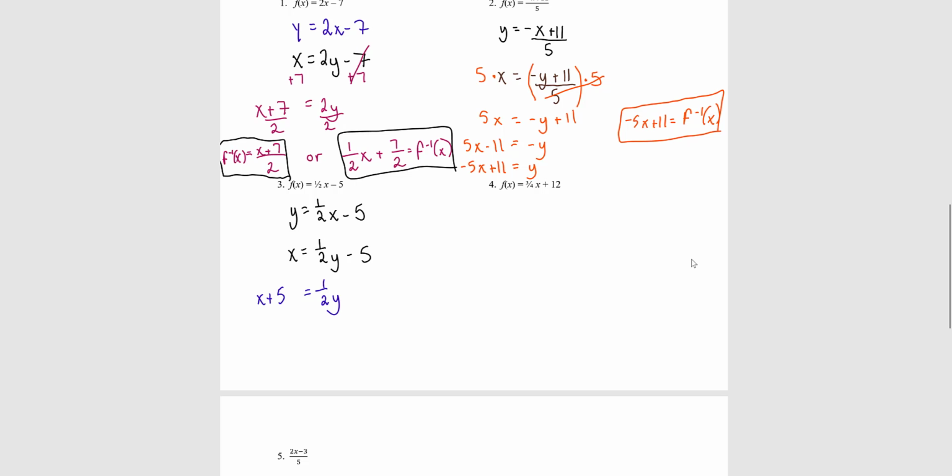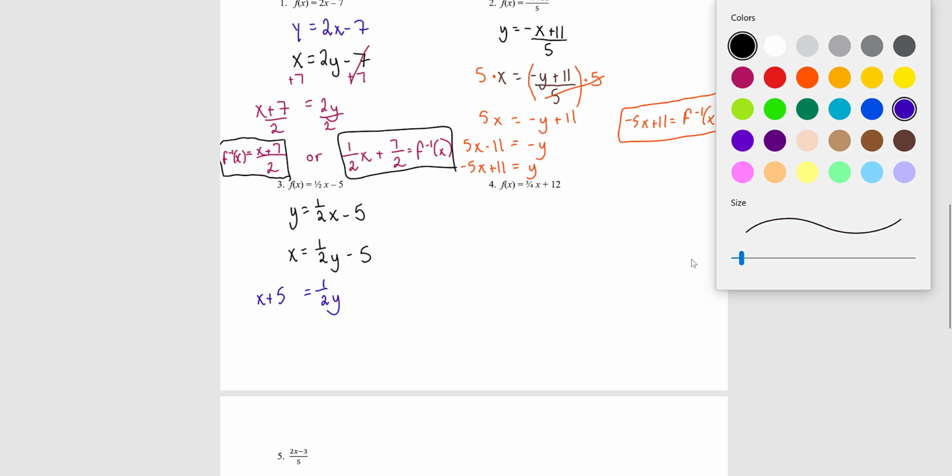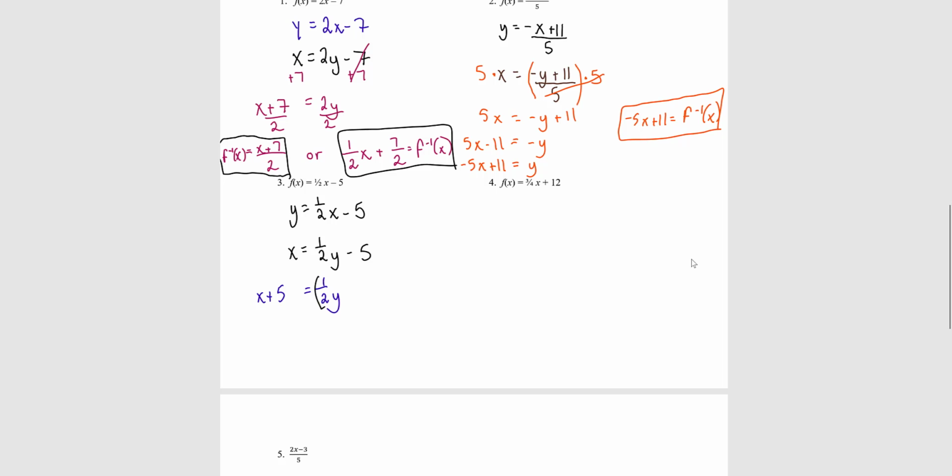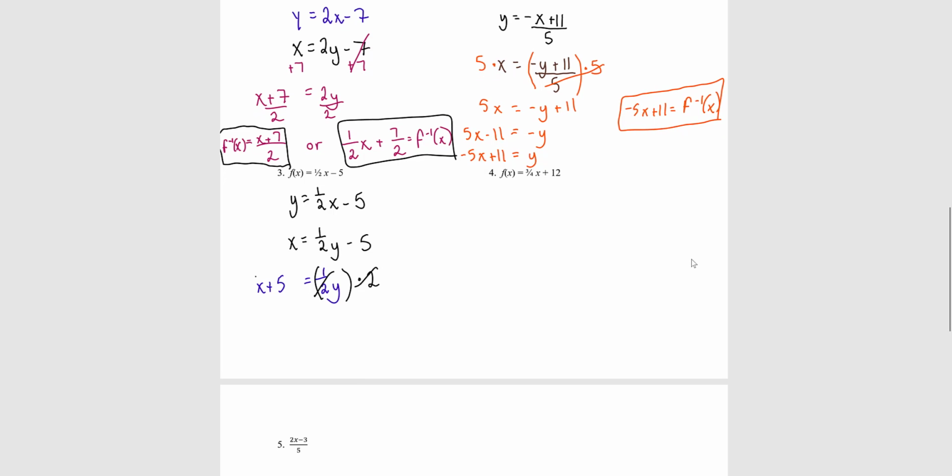Remember, the easiest way to get rid of a fraction multiplier is multiply by the reciprocal. So this is one a lot of people end up missing, because we're multiplying both sides by 2. It's going to cancel out that fraction. But you have to remember there are already 2 terms on the left-hand side. So you have to distribute the 2 to the x plus 5. So our answer is 2x plus 10.